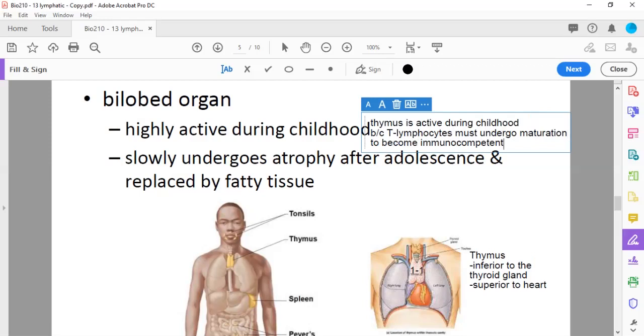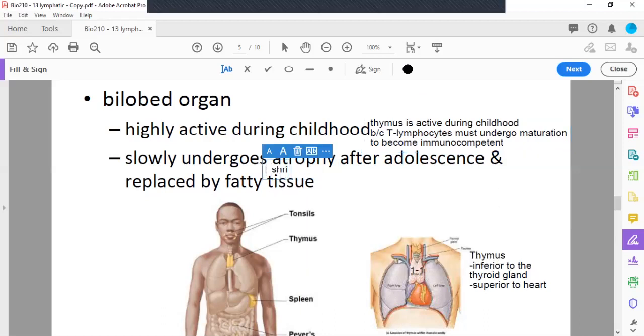Now, what it also says is that the thymus slowly undergoes atrophy. The word atrophy means shrinkage in size. And I mentioned this many weeks ago. After adolescence, it's replaced by fatty tissue.